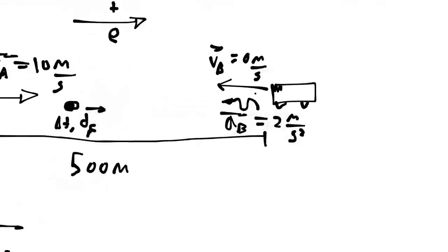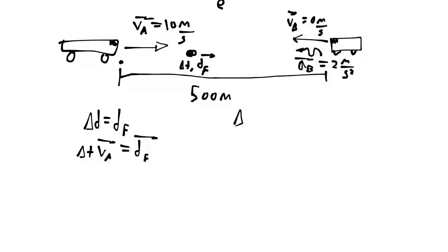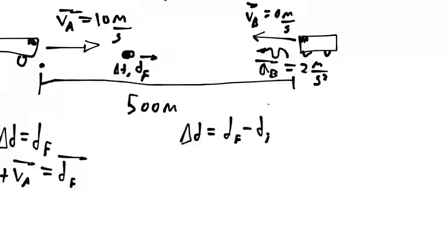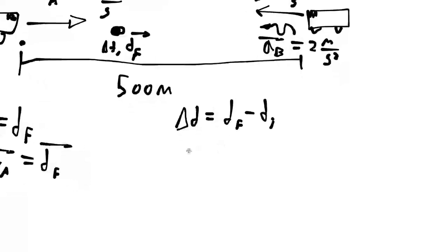And then car B over here, its final position is going to be the same thing, but its displacement will be a little bit different, right? Because remember, it's delta D, position 2 subtract position 1. Its original position is 500 meters away from the origin.